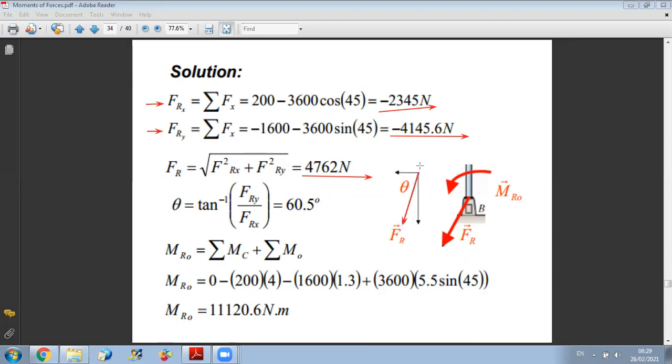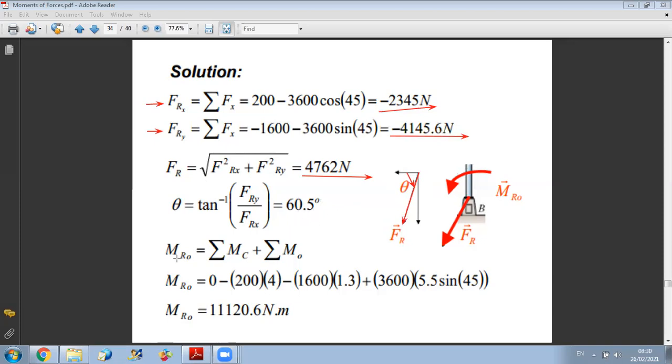So now I can draw a small scheme showing my force, and to define it completely, I can find the angle with the horizontal. So here I want to find this angle. It's tangent inverse of absolute value of FRY over FRX. I get that theta is equal to 60.5 degrees.